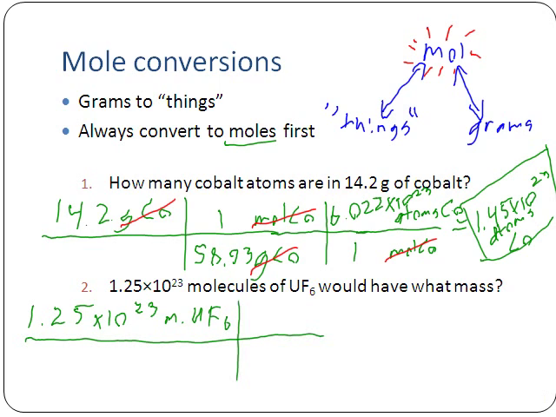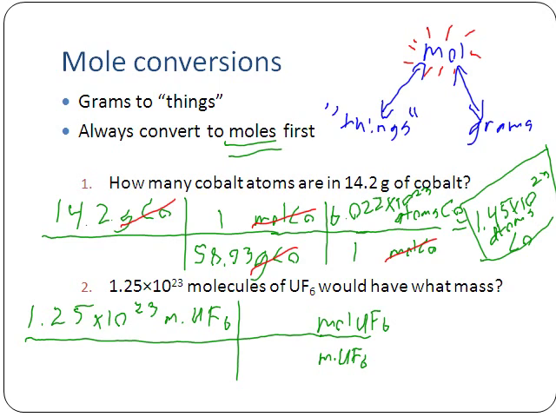We want to convert from molecules UF6, and we want to go into what first? Well, always go to, once again, moles first. So moles UF6. And so to do this, we say a molecule, is it a gram or is it a thing? A molecule is a thing.